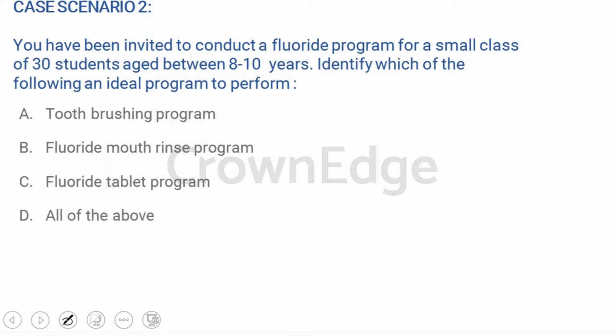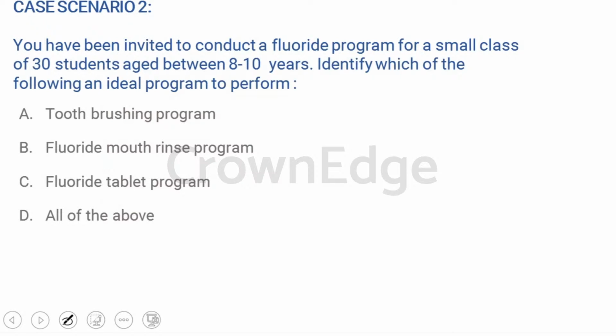Identify which one of the following programs would be ideal to perform. So here you're a general dentist and you have been invited, and the age group is very important. You have 8 to 10-year age group, which means they are essentially in a mixed dentition stage. All right, so which one of the programs would be ideal?